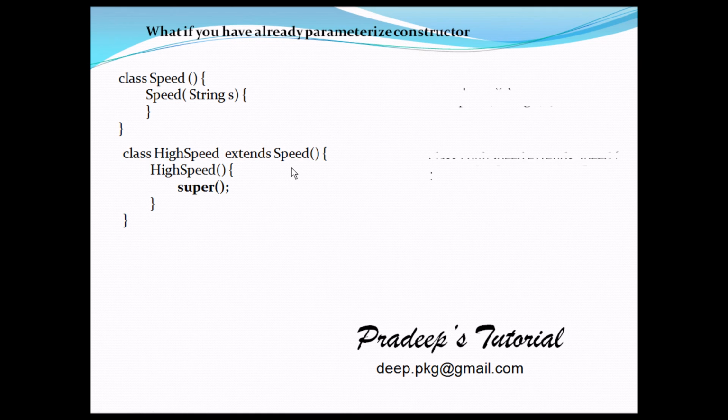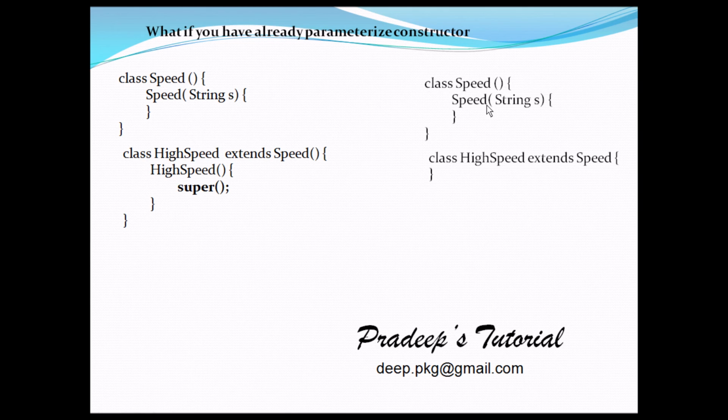So let's see this example now. We have HighSpeed class extending Speed. We didn't write anything here. So automatically the compiler will create this portion, HighSpeed, super. So this is also calling the superclass default constructor, but we don't have a default super constructor.